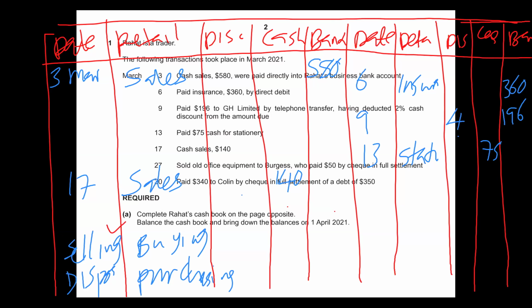If a business sells something that they exist to sell, that is called a sale. For example, if this is a tech company, they are selling computers, right? Then they sell a computer because they're in the business of selling computers. That is called a sale. It can be a service or something.